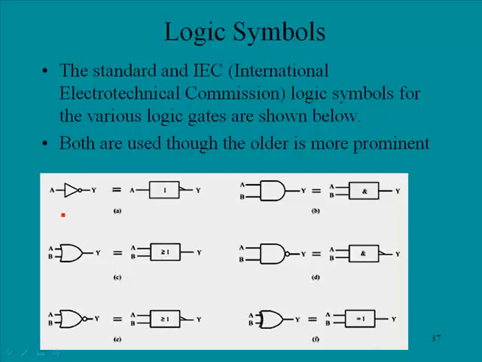And they're kind of self-explanatory. Here we have an inverter, and the little slash here means inversion. The OR gate, the IEC simply has a greater than or equal to 1, which is basically what an OR gate does.